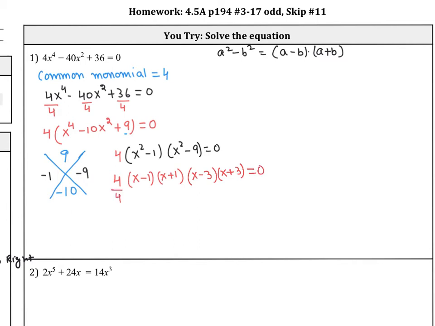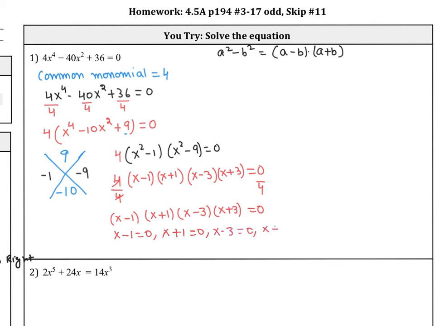You divide the 4 on each side. The 4 and 4 cancel, and you're left with the factors x plus 1, x minus 1, x minus 3, x plus 3 equals 0. Here we are going to apply the zero product property. It means you put all the factors equal to 0 one by one and get 4 different x values.